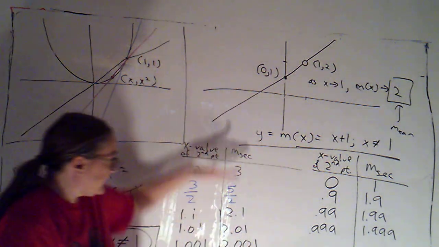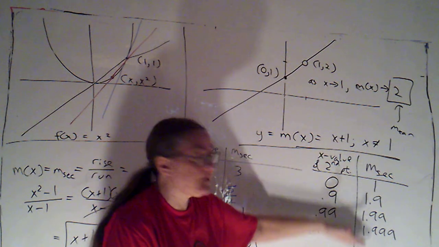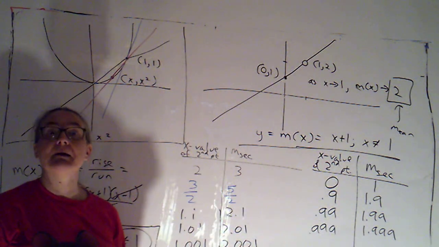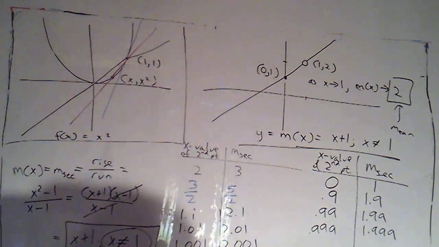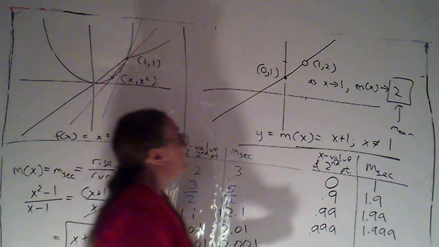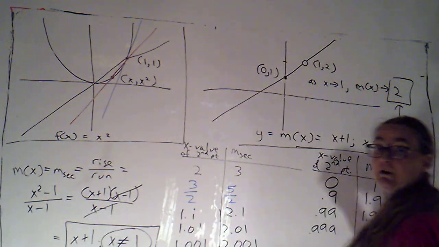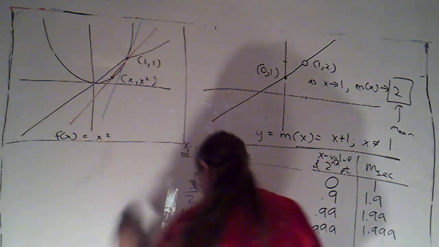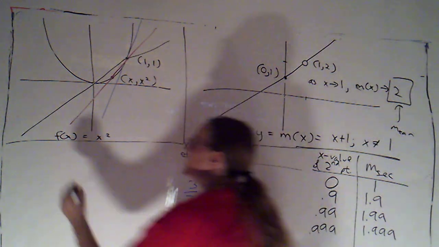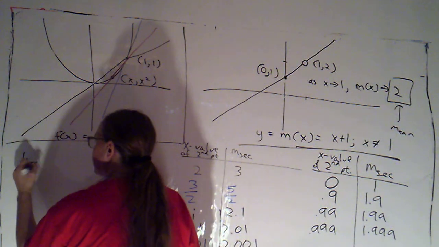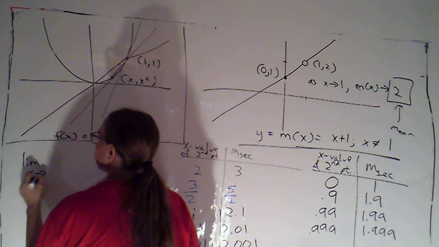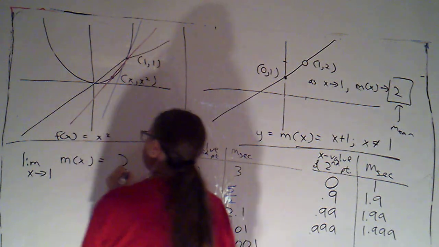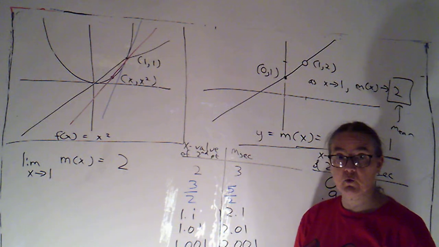That's proving that this pattern that was suggested by this table of values is actually the correct pattern. Now, we're going to have some notation that goes above and beyond this arrow notation here. I'm going to just write it down. We would say the limit as x approaches 1 of m of x is equal to 2.